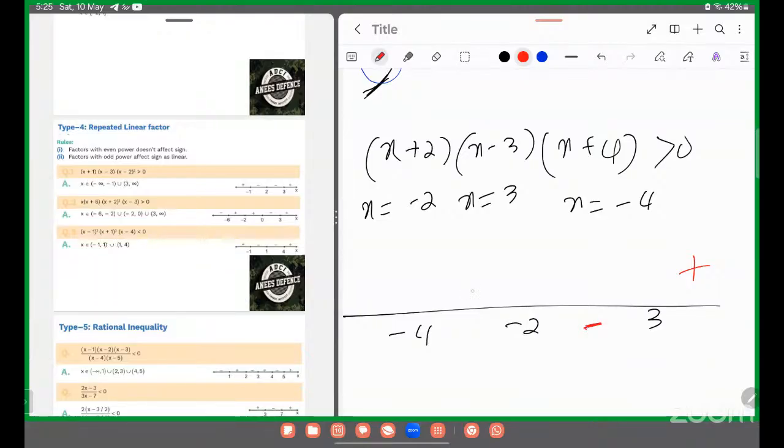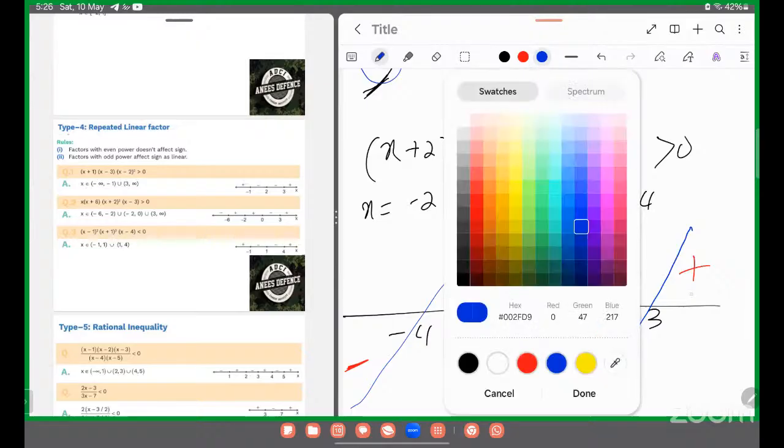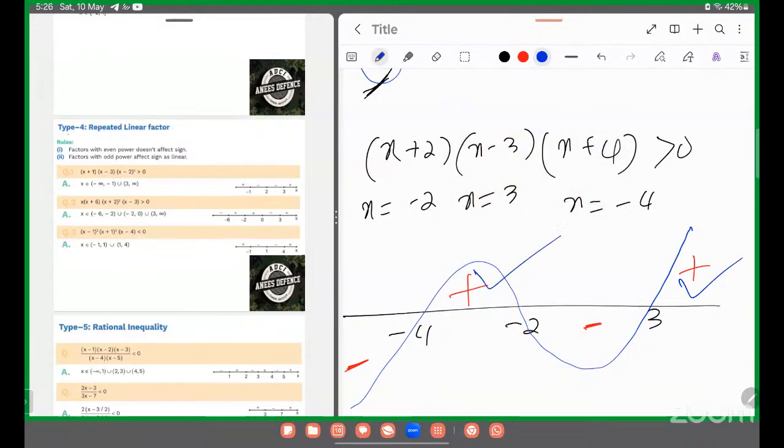Between minus 4 and minus 2, it will be plus. Less than minus 4, it will be minus. The graph will look like this. If we want greater than 0, this region will satisfy, this region will satisfy, and these cannot. So the solution is between minus 4 and minus 2, and greater than 3.